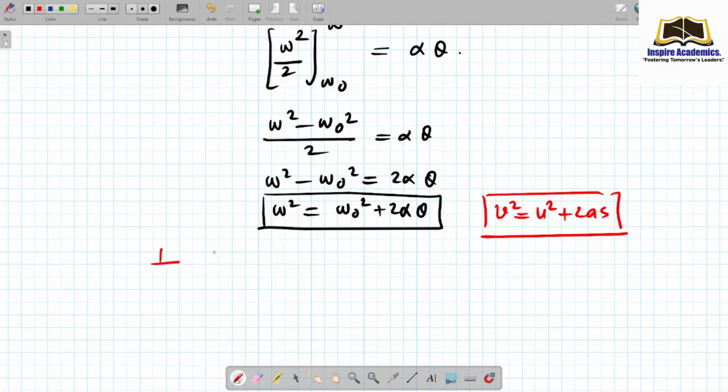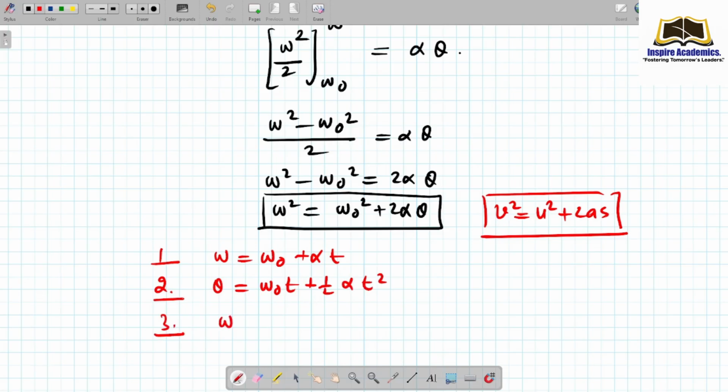Equation 1 was omega equal to omega naught plus alpha t. Equation 2, theta is omega naught t plus half alpha t square. And third, omega square is omega naught square plus 2 alpha theta. Is that understood?